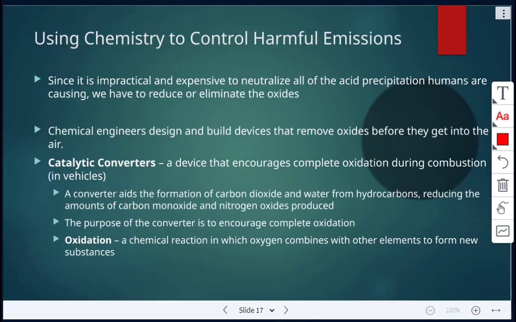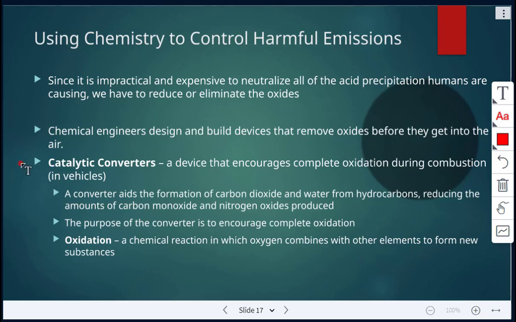So since it's impractical and expensive to neutralize all of the acid precipitation humans are causing, we have to reduce or eliminate the oxides. Chemical engineers design and build devices that can remove oxides before they get into the air. One device is the catalytic converter.